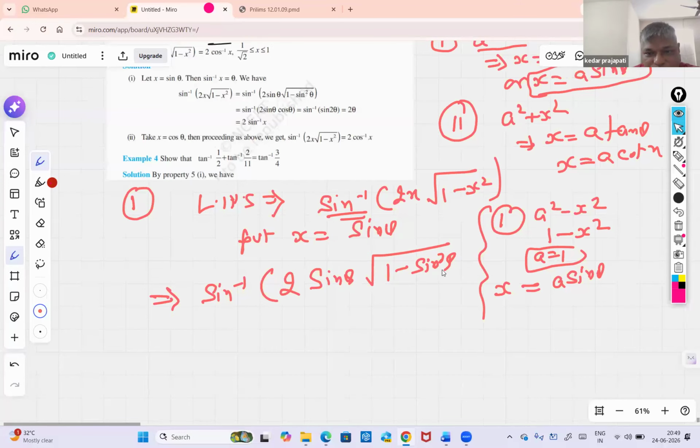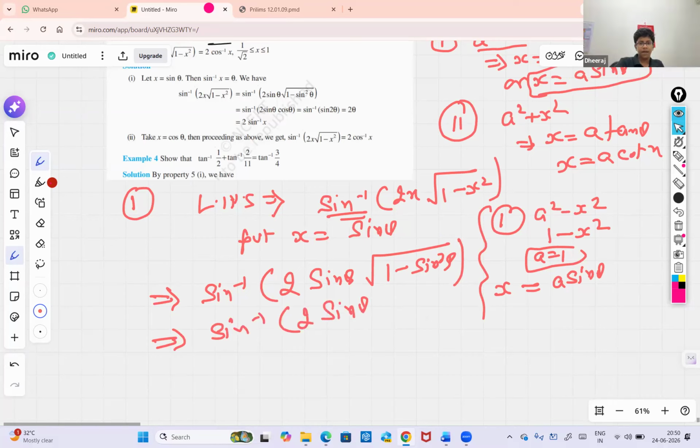Now you know 1 minus sin square theta is cos square theta. In the exam, please write all the steps because there is step marking. So I'm writing 1 minus sin square theta is cos square theta.